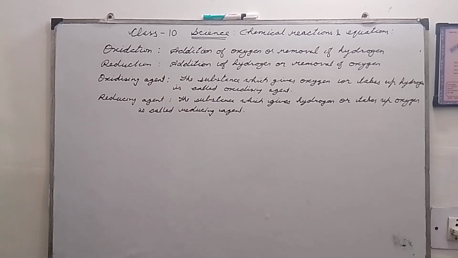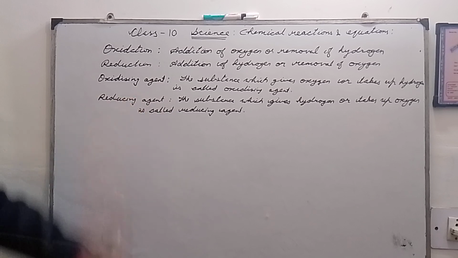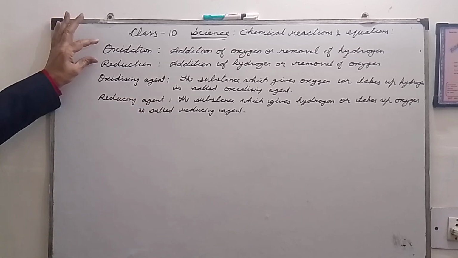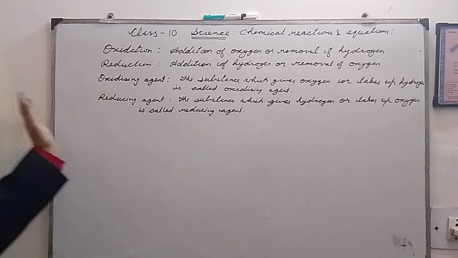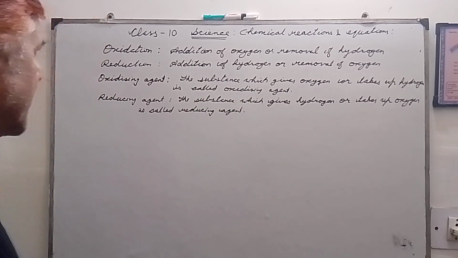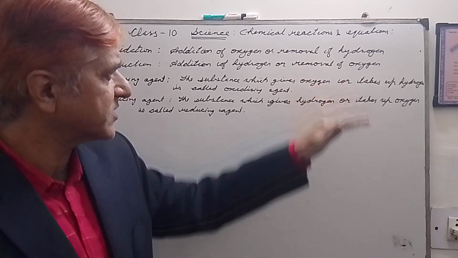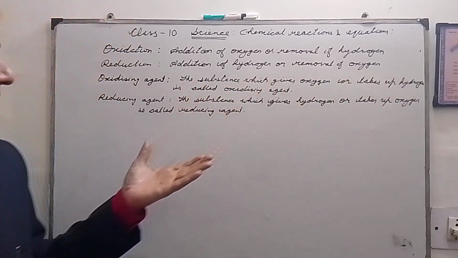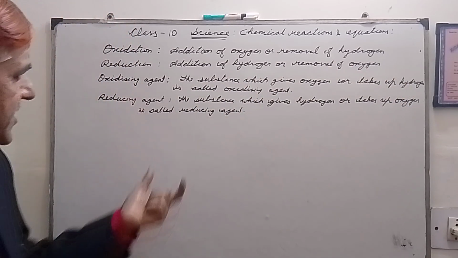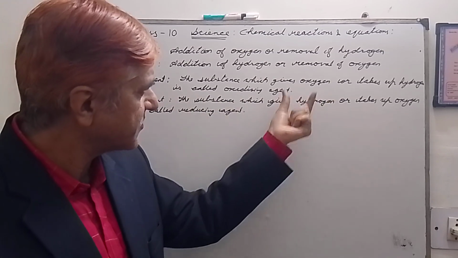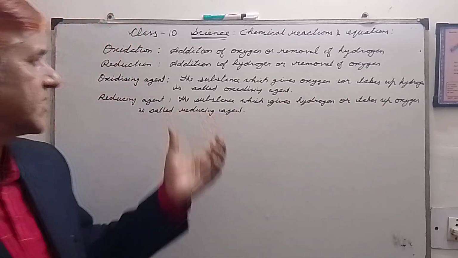So these are the definitions of oxidizing agent and reducing agent, and oxidation and reduction we have studied in our previous video. So once again, oxidizing agent is that substance which gives oxygen or takes up hydrogen. And reducing agent is that substance which gives hydrogen or takes up oxygen.